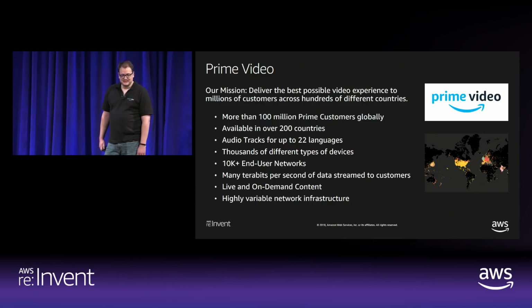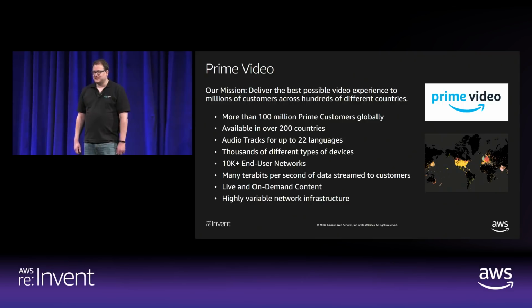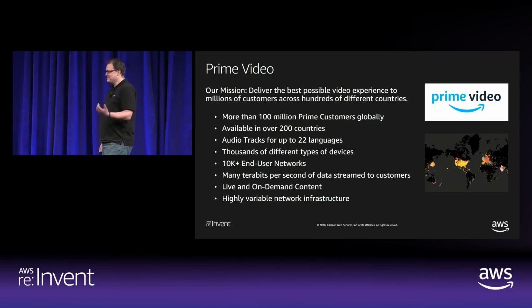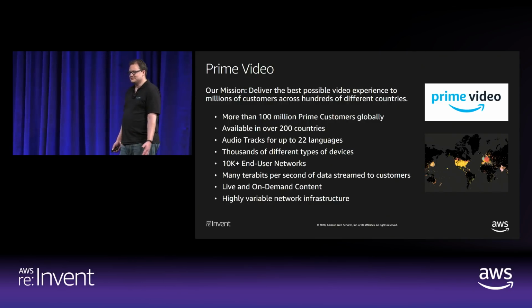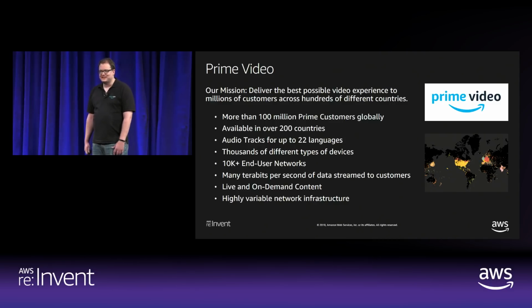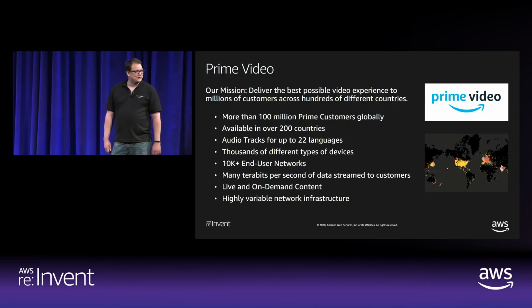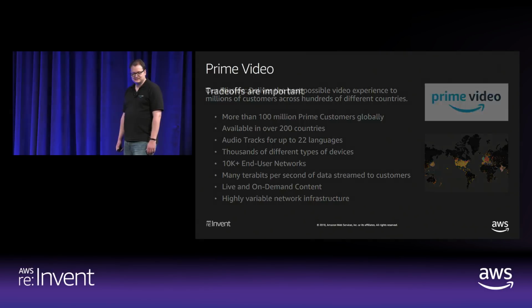By last count, several thousand different device types, everything from your mobile phones to embedded TVs to video gaming consoles. So really what we're all about is maximizing content, being on your devices wherever you are and whenever you want to watch. And as I mentioned before, being present and being available for customers also means dealing with a lot of different networks and different streaming conditions.